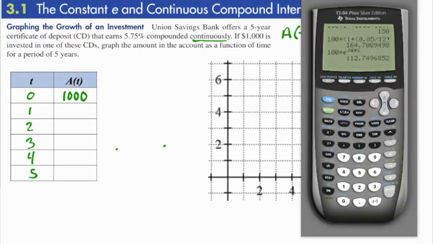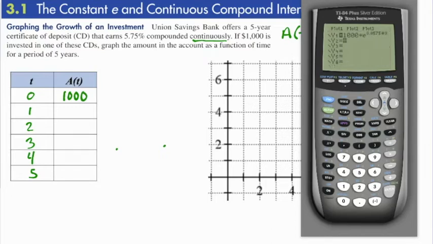Now let's calculate for all of the other years. So we're going to enter our 1,000 times e to the 0.0575 times X, because that's the variable we have available to us in the calculator, and hit enter.